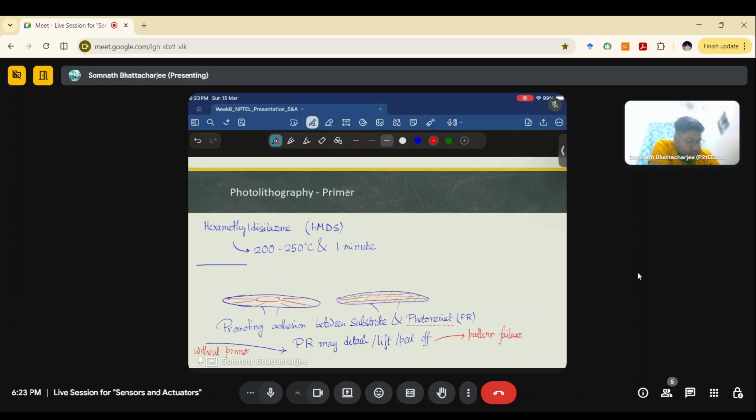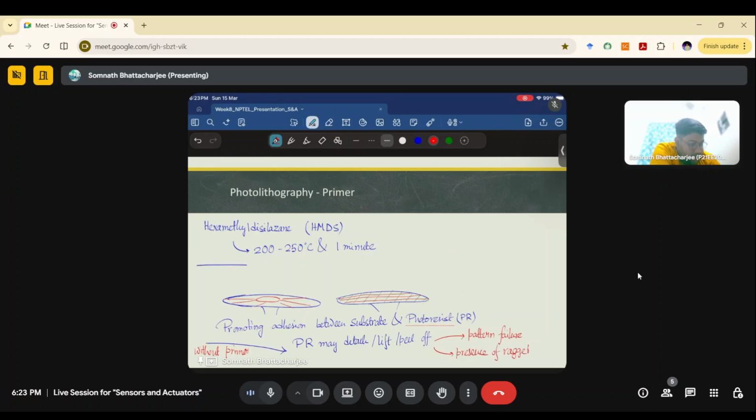Another thing is that without this primer there may be the presence of some ragged edges.